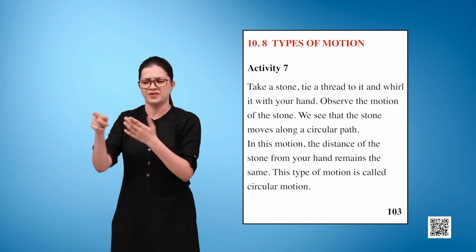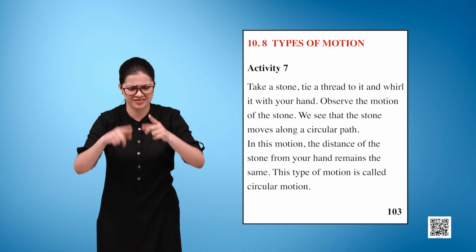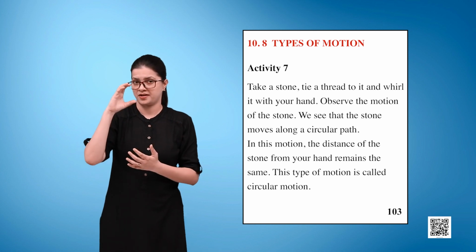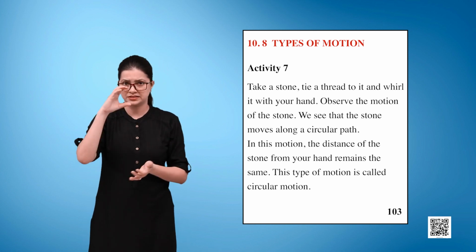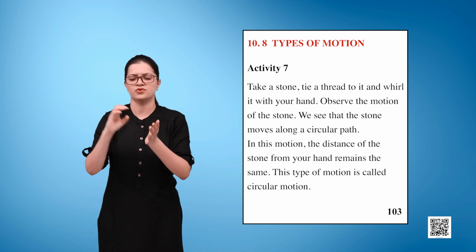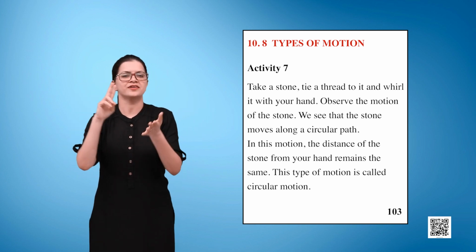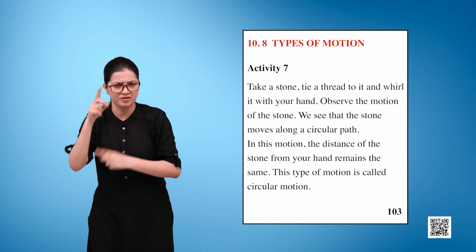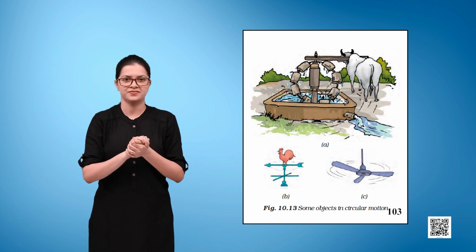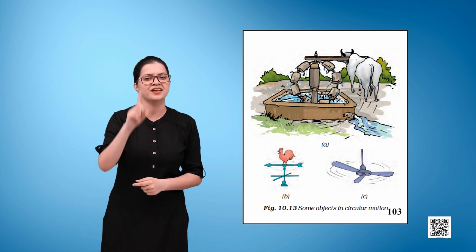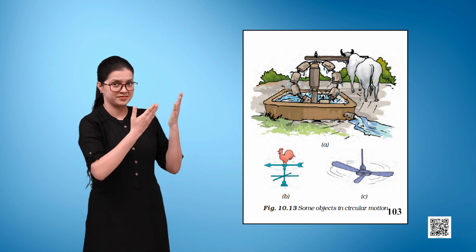In this motion, the distance of the stone from your hand remains the same. This type of motion is called circular motion. Figure 10.13 A, B, C shows some objects in circular motion.